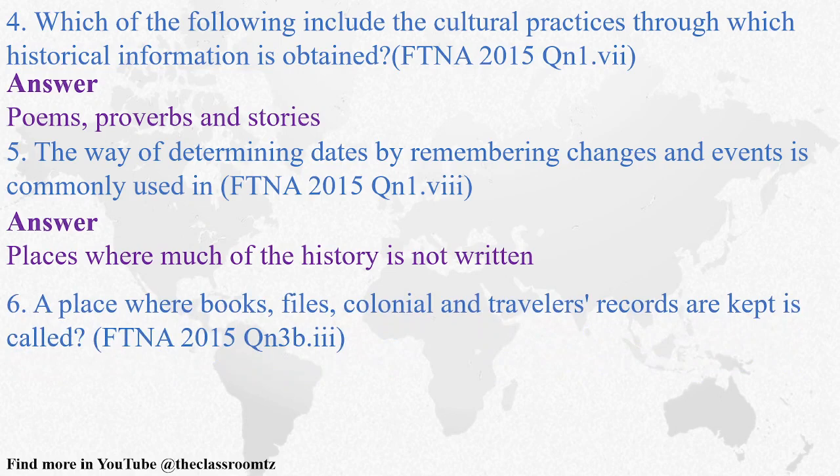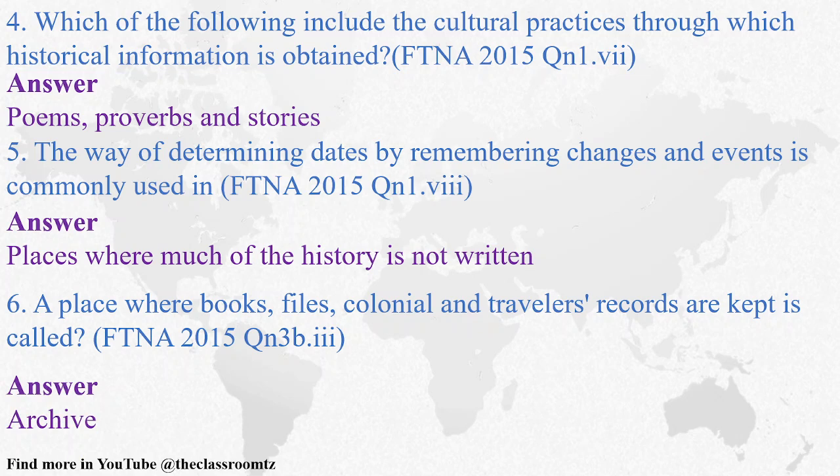A place where books, files, colonial records, and travelers' records are kept is called, in which place are these documents kept? The answer is archives. At the archive, that is where we keep these documents.